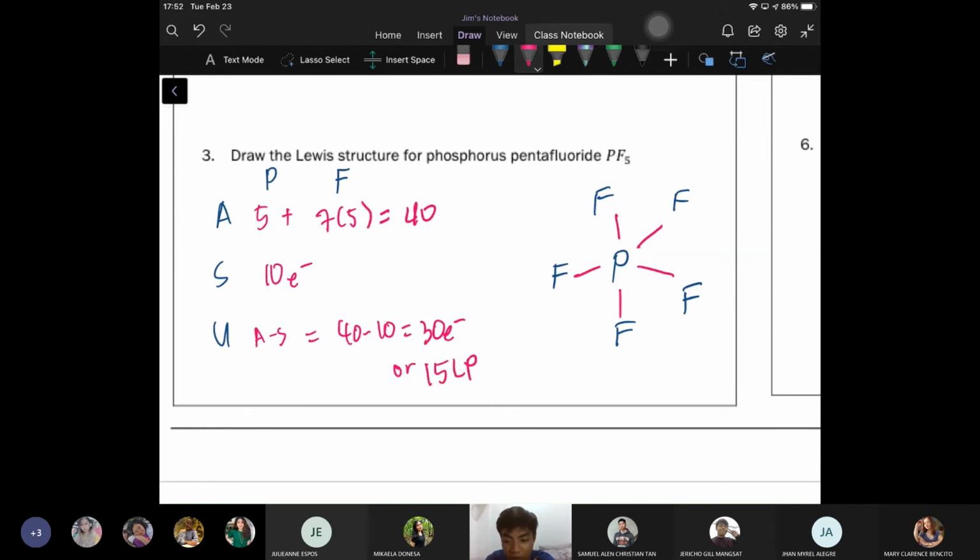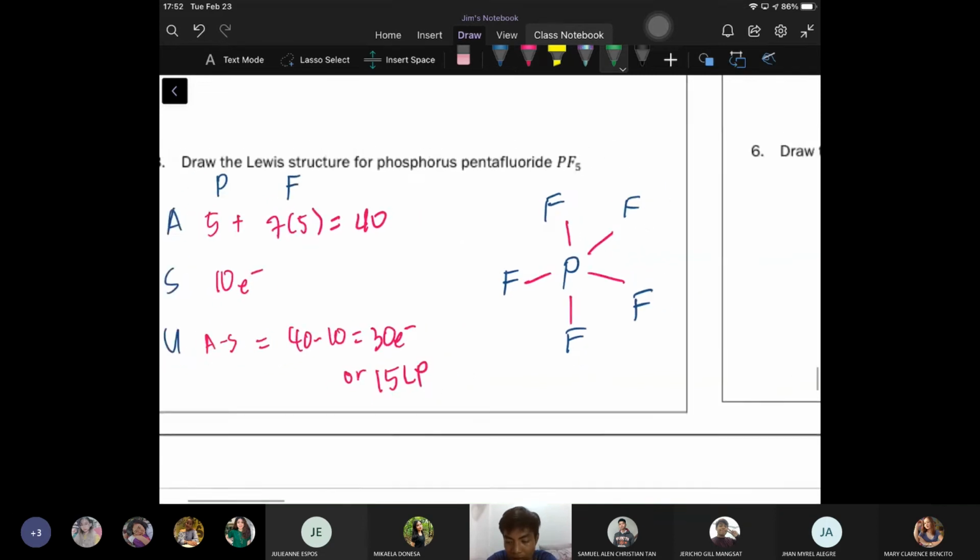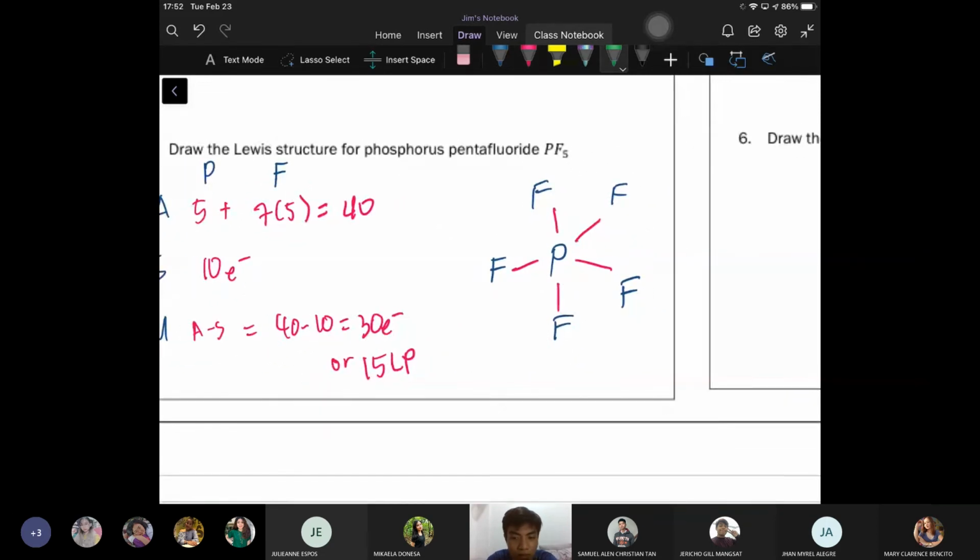So, I have to distribute 15 lone pairs to my terminal atoms. Kunwari, na-distribute mo na sa terminal atom yung mga lone pair, tas may sobra pa, sa central atom mo siya i-distribute. Okay? So, let's do this na. Okay, 15 lone pairs. Let's look at this fluorine.